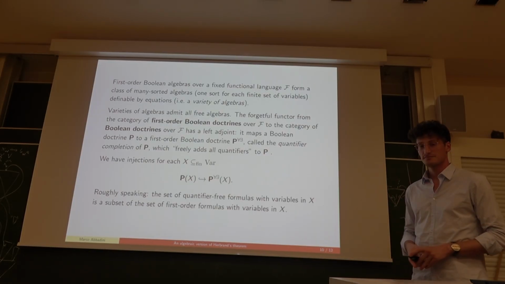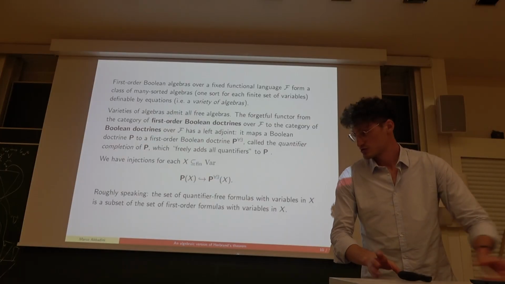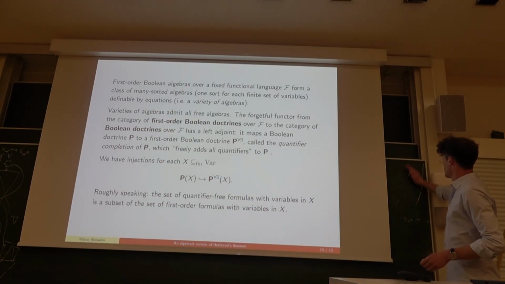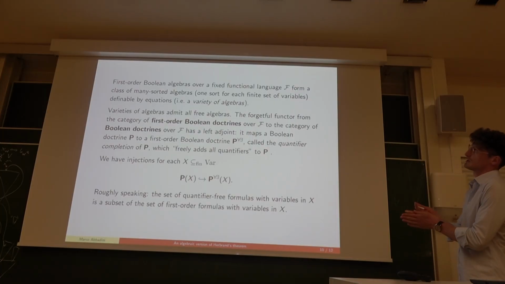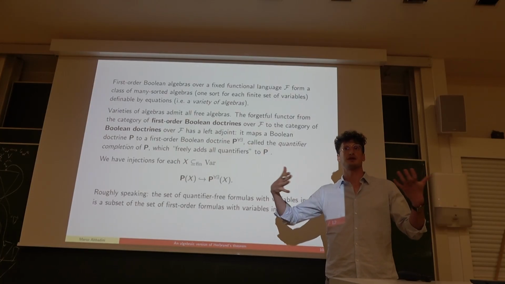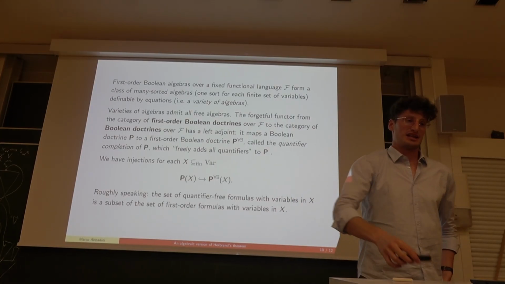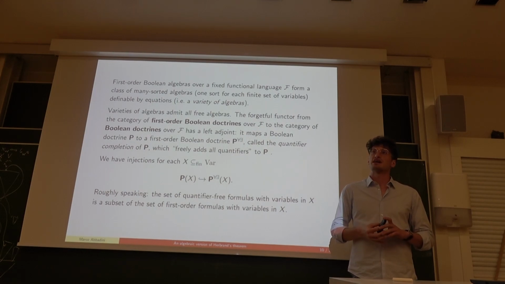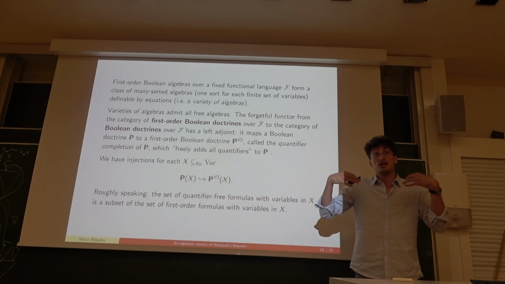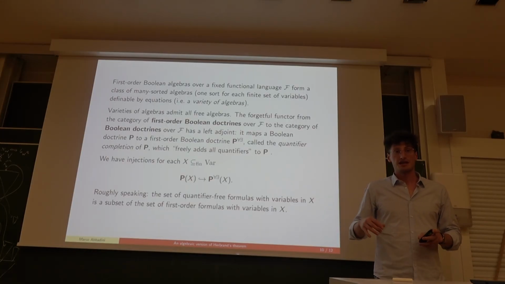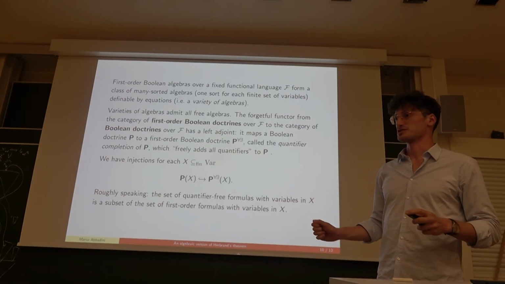Okay. Right. So if Boolean doctrines don't have free variables, we might need to freely add free variables. And here comes a nice thing about first order Boolean doctrines, which is that they can be thought of as many sorted algebras in the standard algebraic sense, and they are definable by equations.